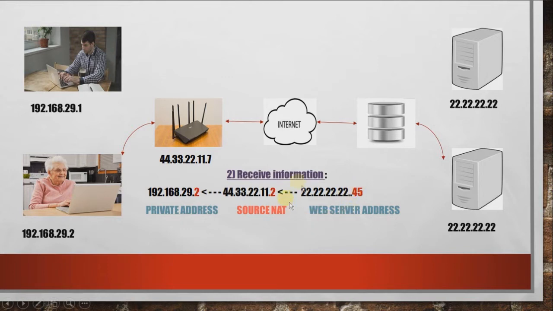Let's say the information goes straight to the source NAT, 44.23.22.11:2, where 2 is the port number used by Sam's mother after the translation has been successfully done. It will go to the private address of his mother, 192.168.29.2. Then his mother receives the email successfully.